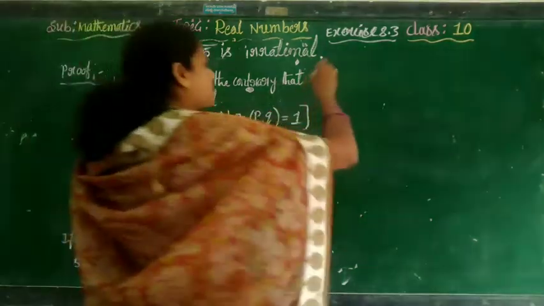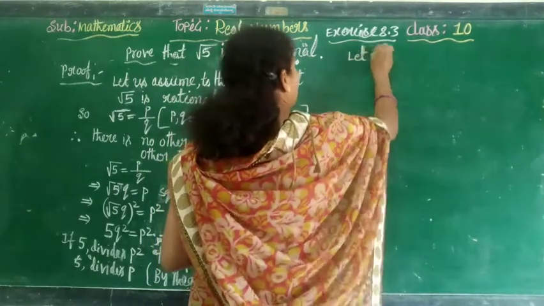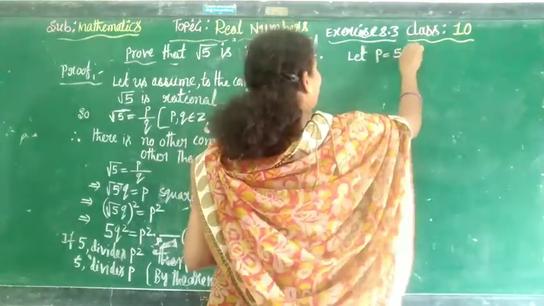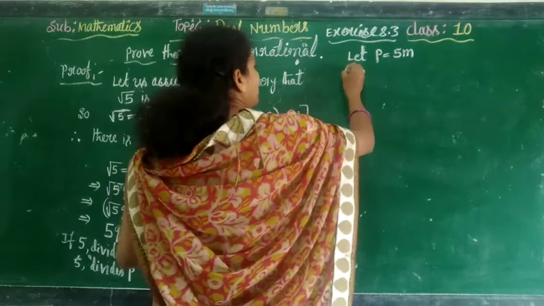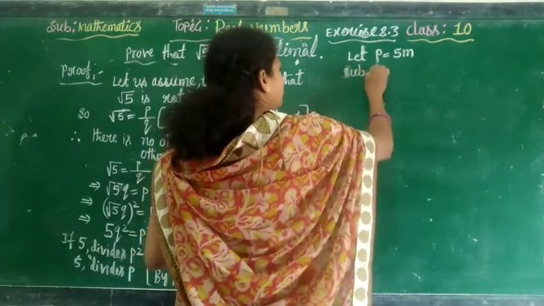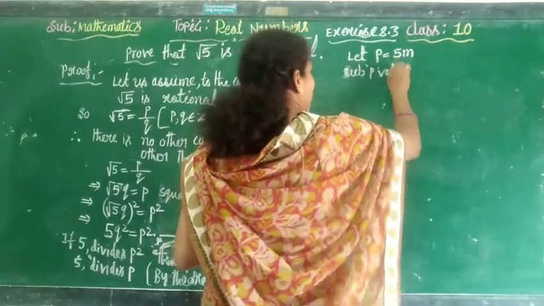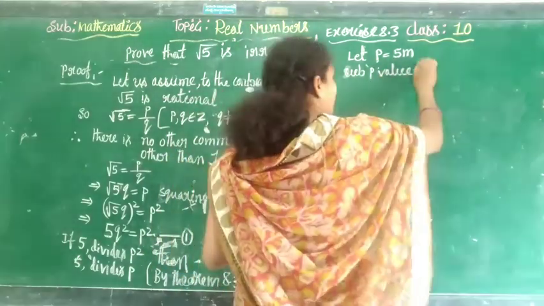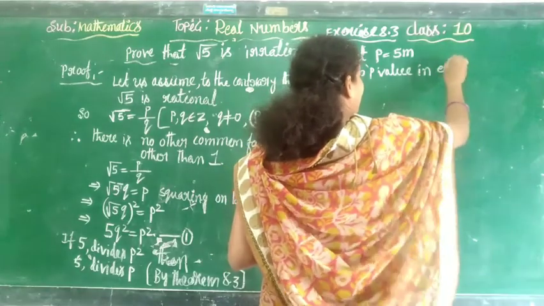Let p is equal to 5m. Substitute p value in equation 1.